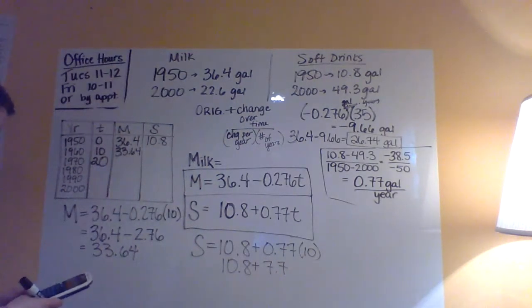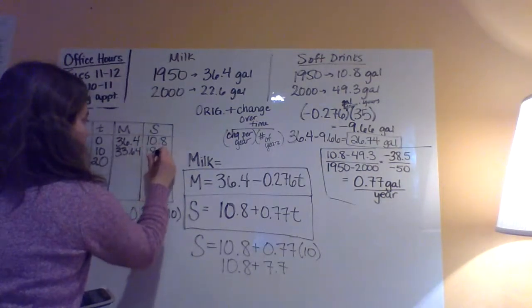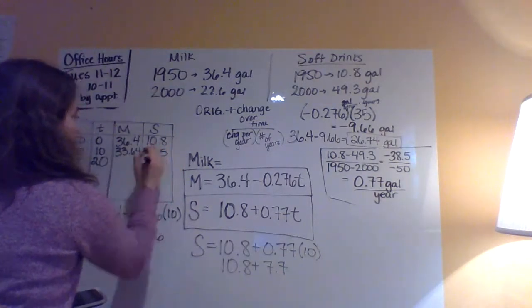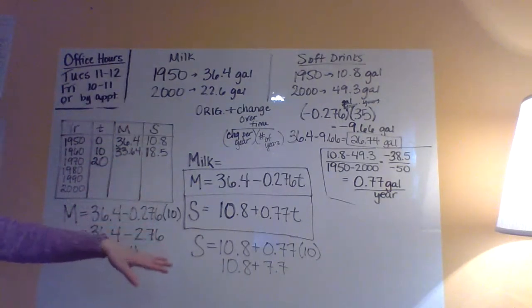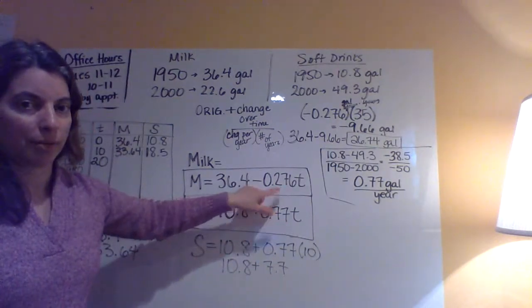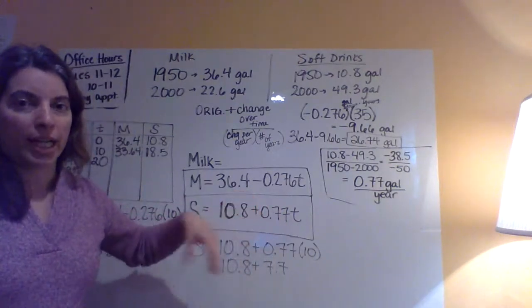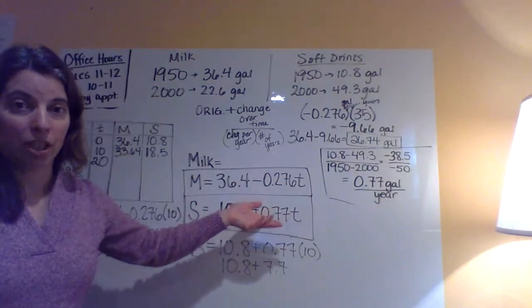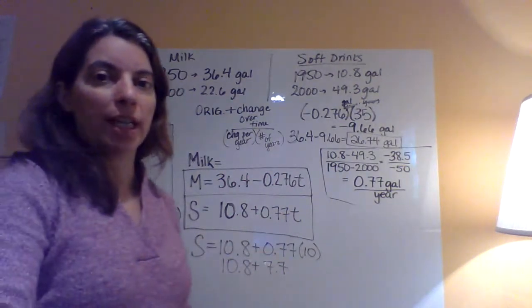So 10.8 plus 7.7 is going to give me 18.5. It's going up, which makes sense. And if you look at the slope, it's going up faster than the milk is going down. Okay, so remember we said for the soda, people are drinking almost another whole gallon each year. For the milk, it's going down. Okay, I'll be back in just a second with a new video.